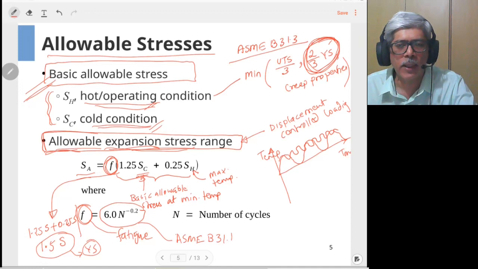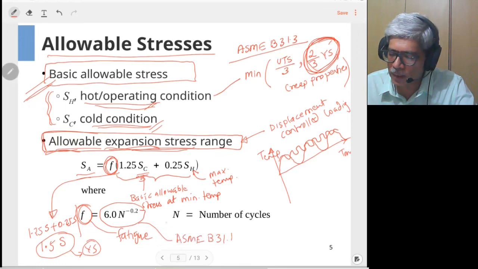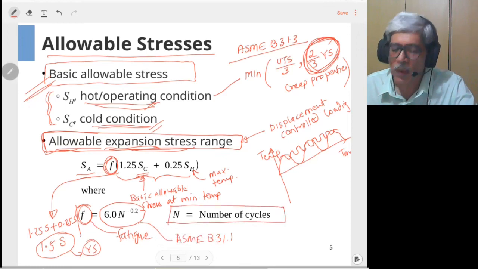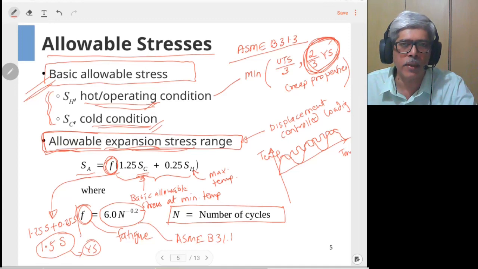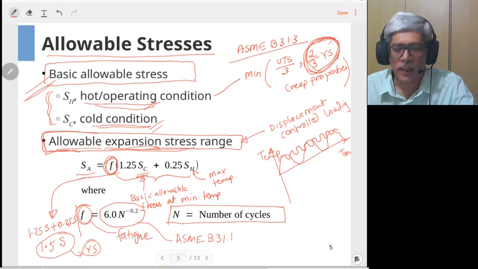There are formulae as well as tables available in the code, but this is a more handy formula. That's why I have given it here. This factor F is also available in terms of a table, and it depends on the number of cycles. So how many temperature cycles your equipment, your piping is going to sustain. Once you know that number, using this formula, you can calculate the value of this factor F.